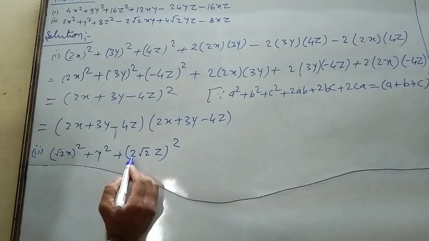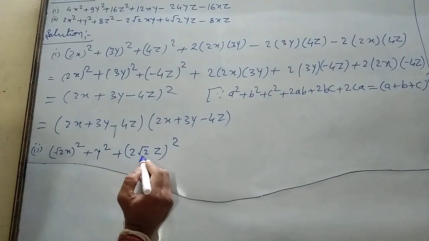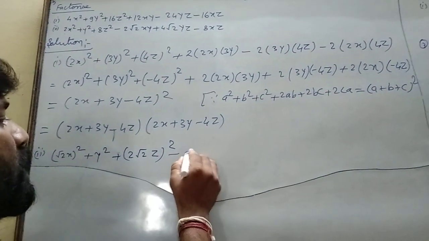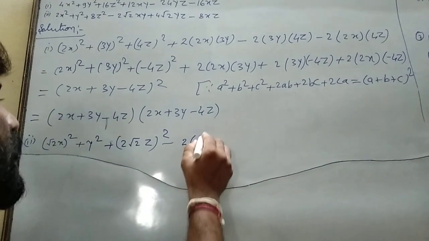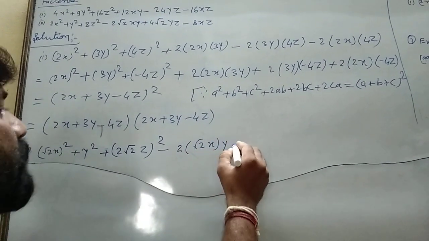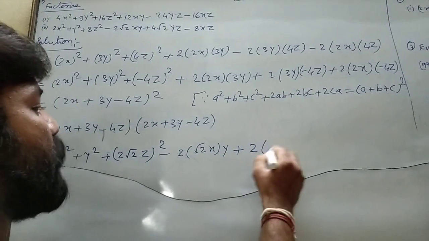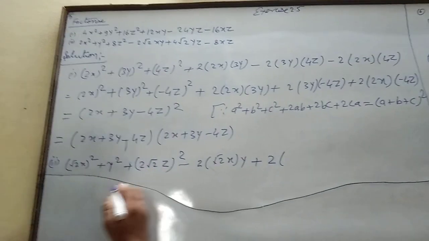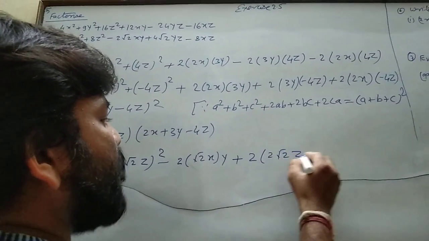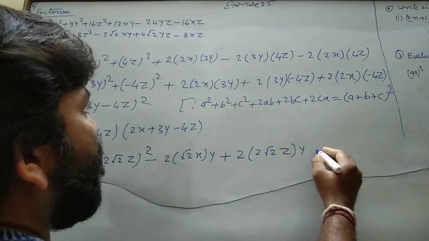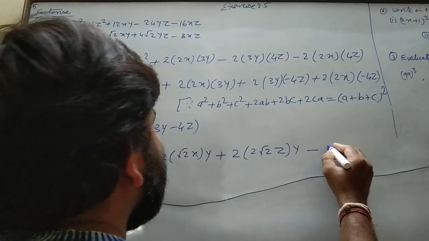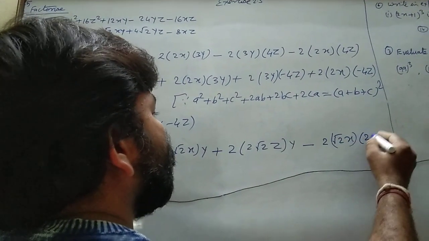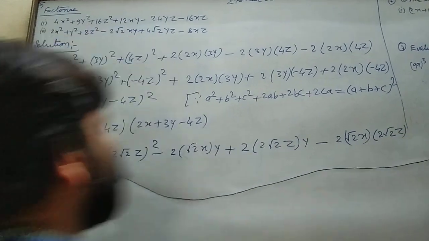If we multiply here, 2 twos are 4 and root 2 square, that means 2, then 8, minus this can be written as 2 times root 2 x y plus 2 times y and z, that means 2 root 2 z into y, and minus what? 2 times root 2 x into 2 root 2 z.